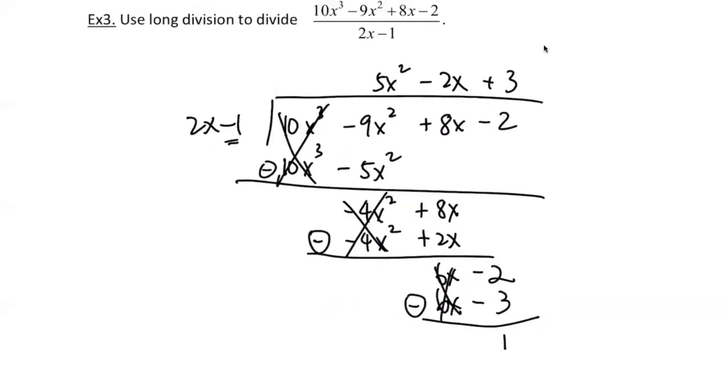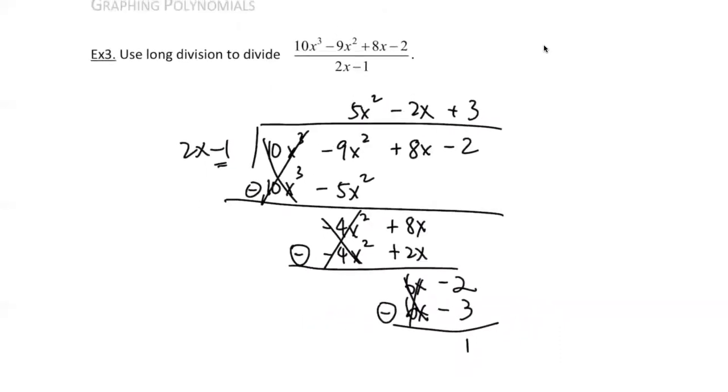Because it's negative 2 minus negative 3, so that's 1. So if I have to write down the result, my quotient is 5x squared minus 2x plus 3, and then plus 1 over 2x minus 1. Okay, done. End of story. So easy stuff.